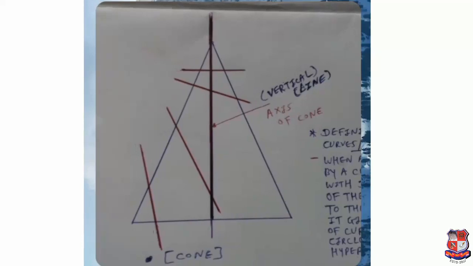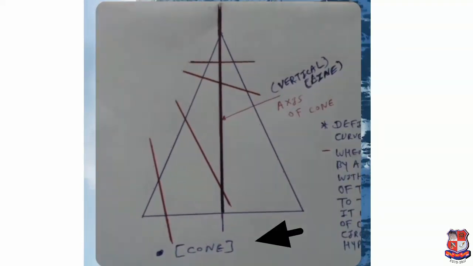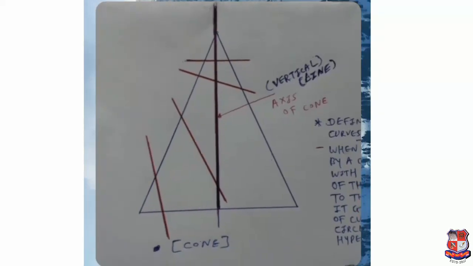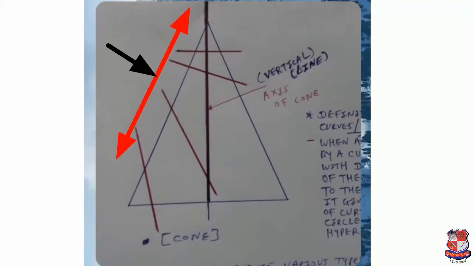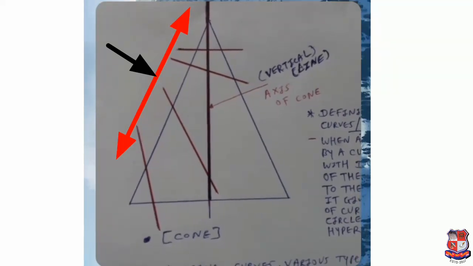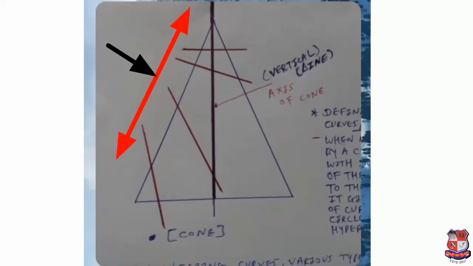Here you can see that on the diagram of cone, the red line shows different positions of the cutting plane.